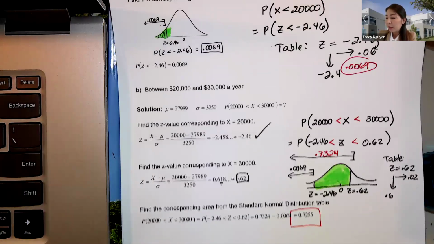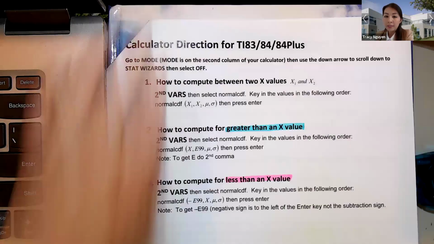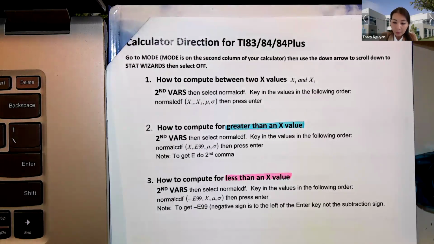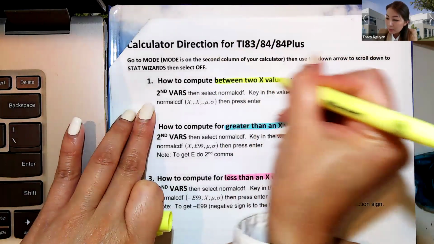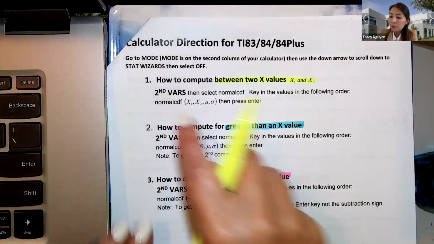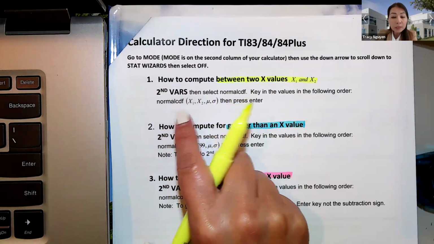All right, now I'm going to take you to the same problem where we're doing it with a graphing calculator. So now what we see here for between two x values, we still do our second bars to get the command of normal CDF.